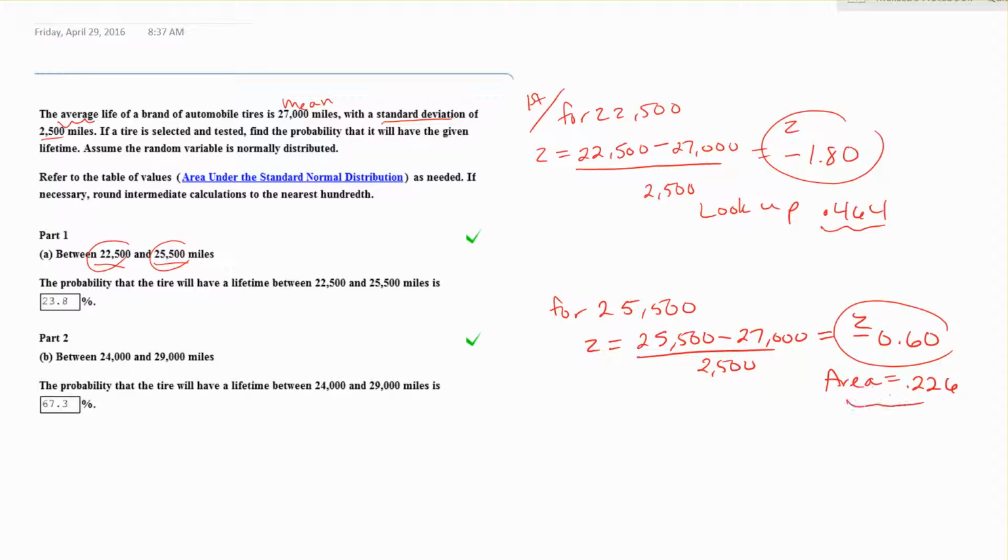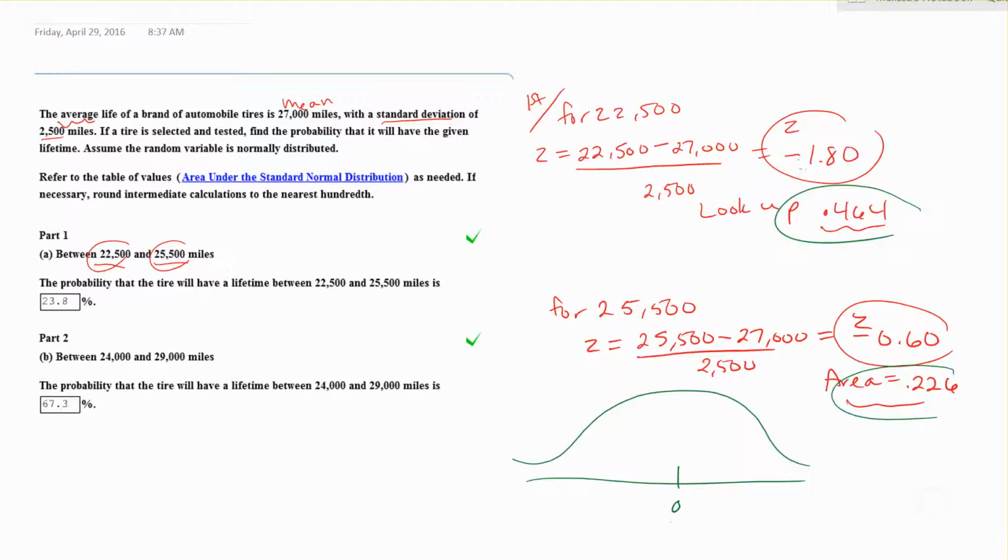Now that we have all of that information, we need to draw a picture. The picture is vital because it lets you know whether you're going to add or subtract these areas to find the total probability. In the picture, always put 0 in the middle. That's going to be where the mean is standardized.